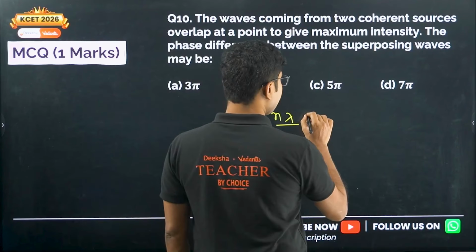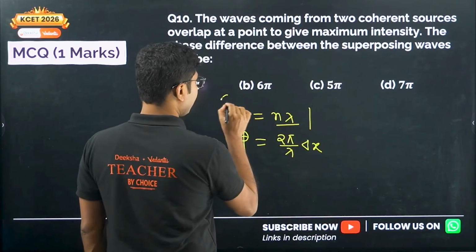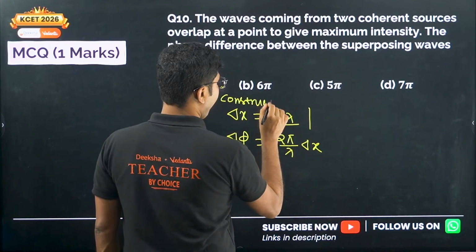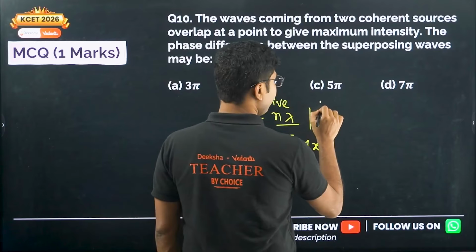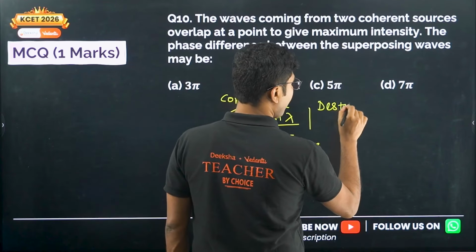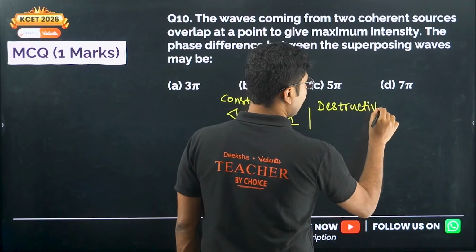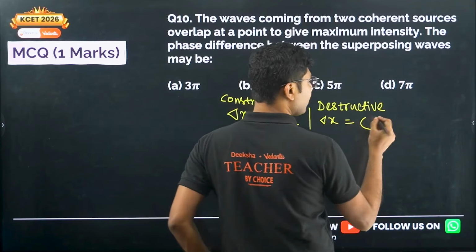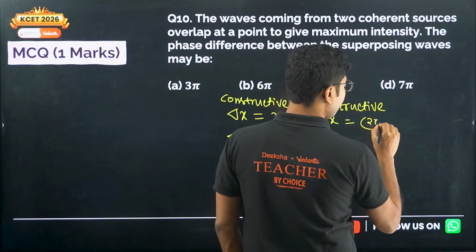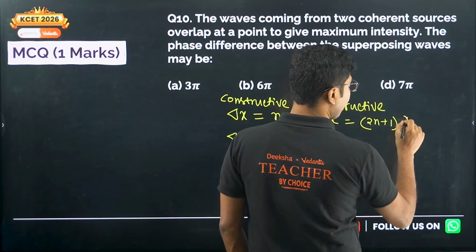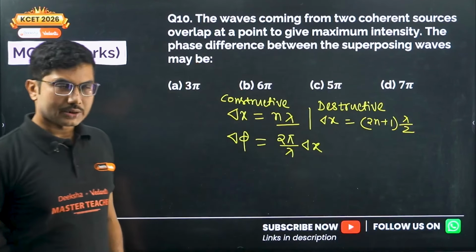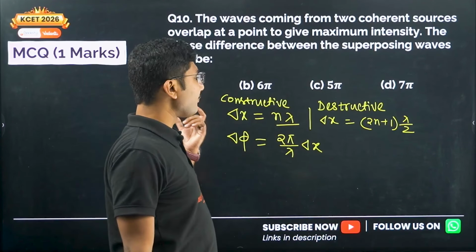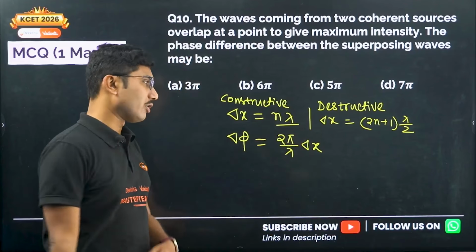This is for constructive; for destructive, I should also tell you, because in the final exam you might see the same question in terms of destructive and you would not be able to answer because you are not aware. For destructive it will be (2n plus 1) lambda by 2. That is the condition for destructive. The relationship between phase difference and path difference is always this.